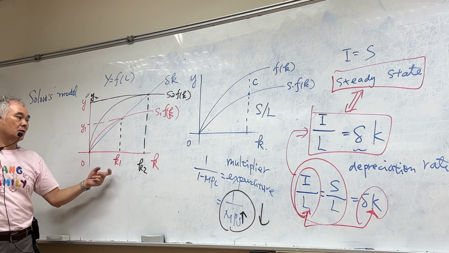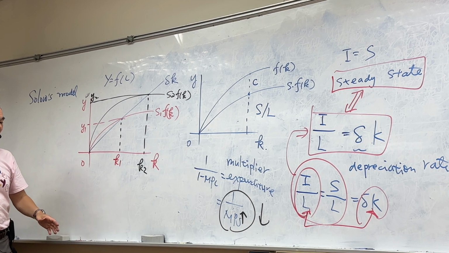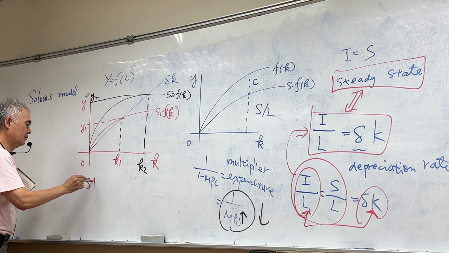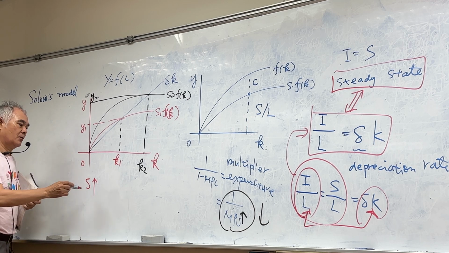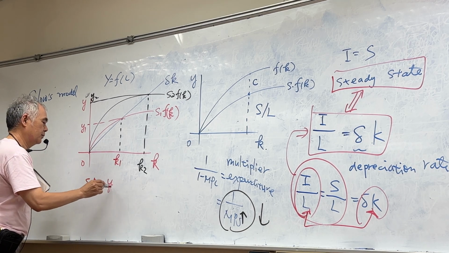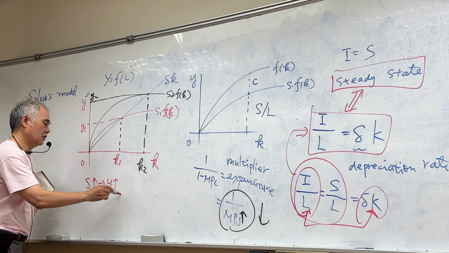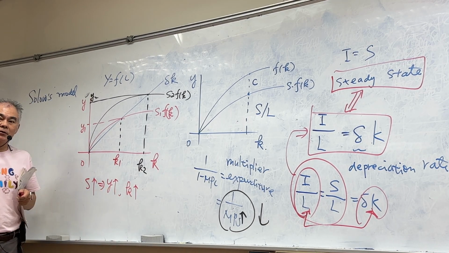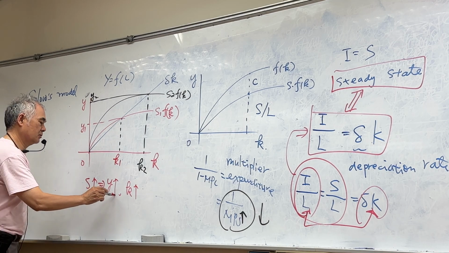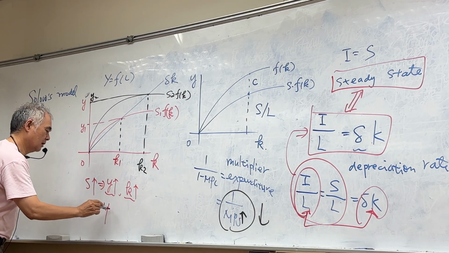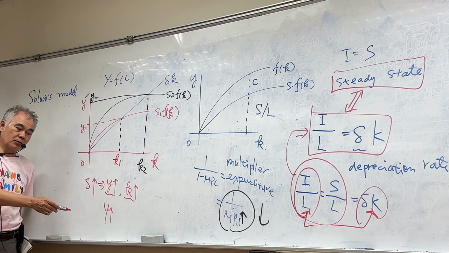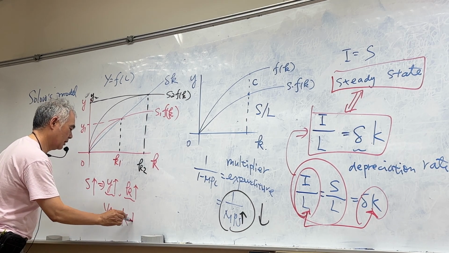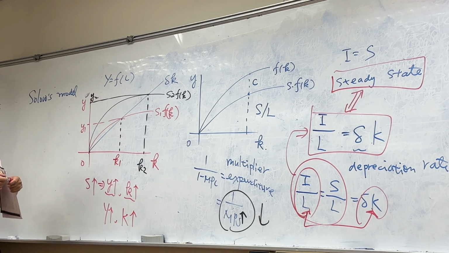So in this case, saving rate goes up, what happened? Per person production level goes up, and per person capital level goes up. And if this goes up, it means the big Y, that is total production, will go up too, and total capital level will also go up.